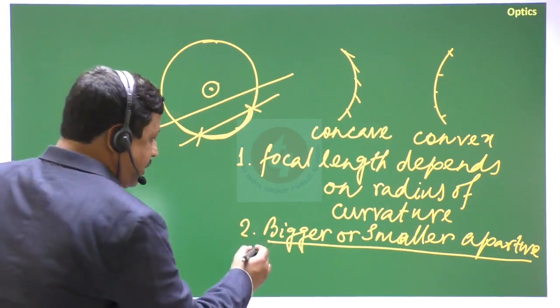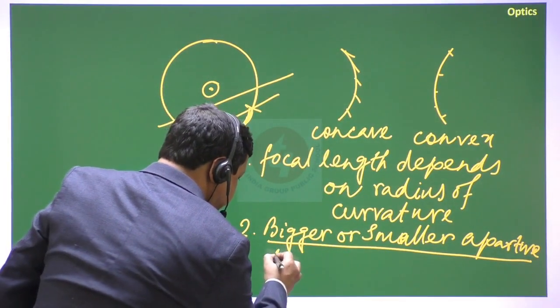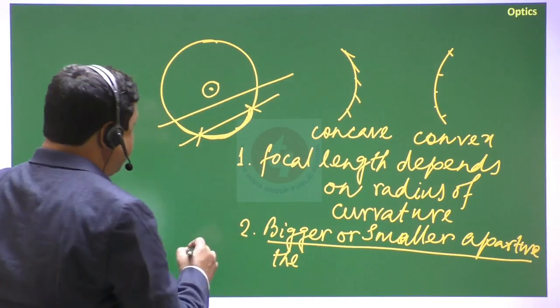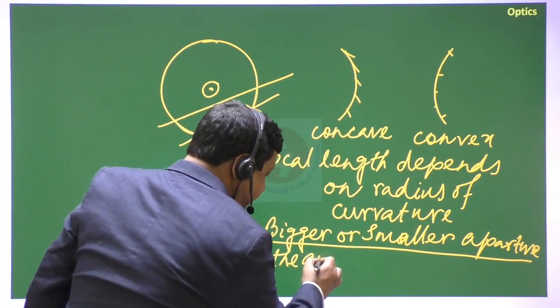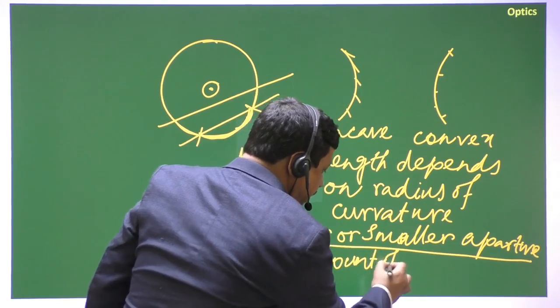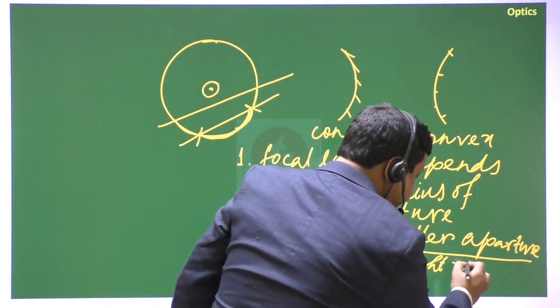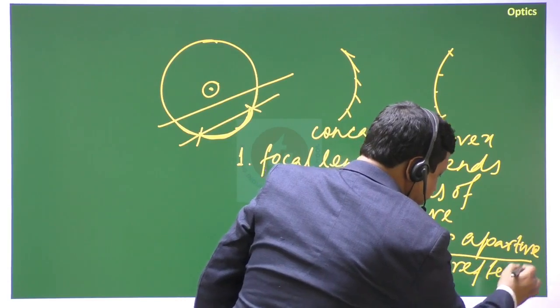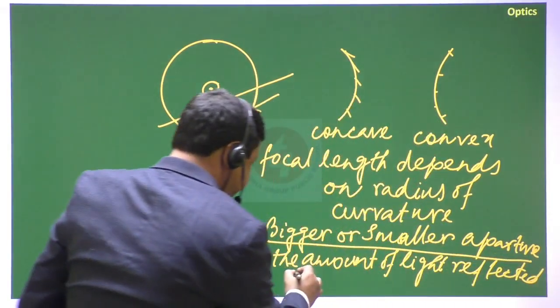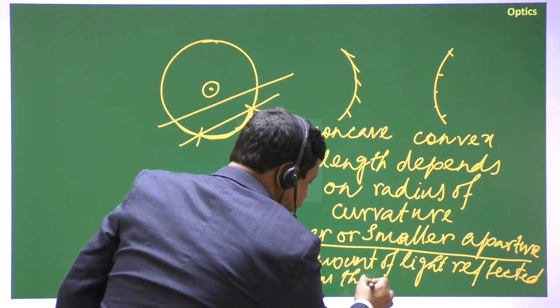So basically the factor that varies is the amount of light reflected from the mirror.